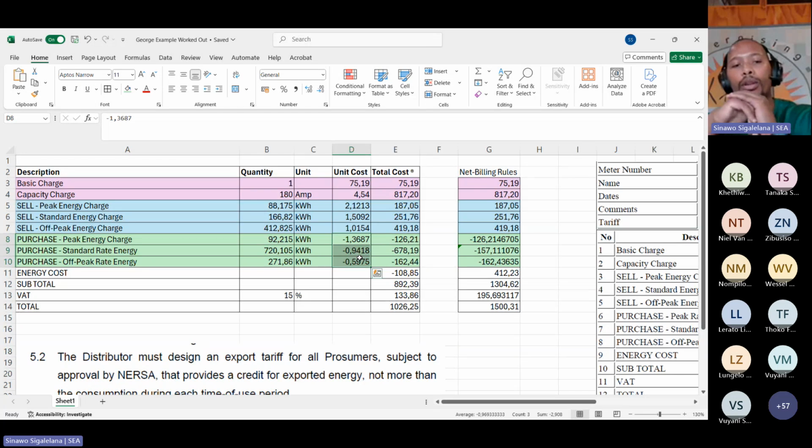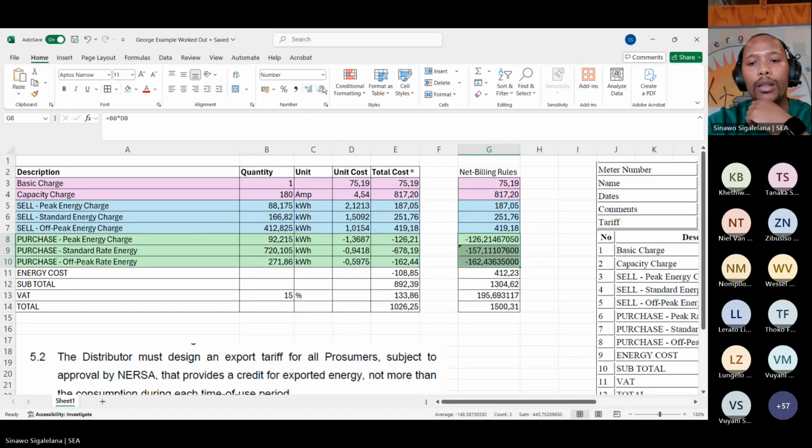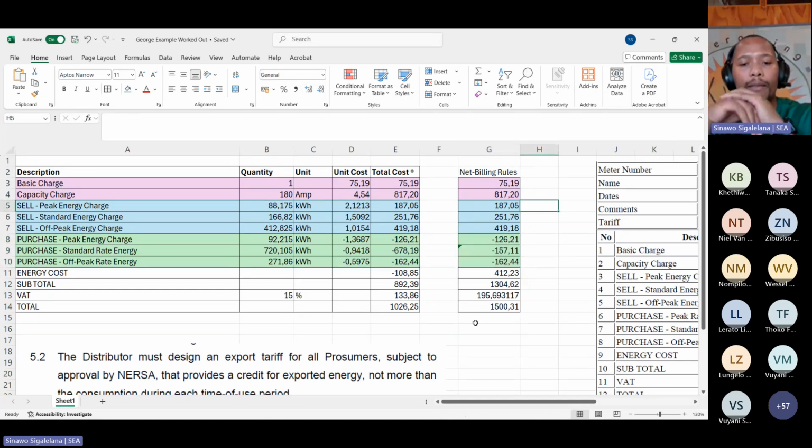But what's most important, colleagues, with this customer is that in my mind, when I first saw it, I was like, wow, this customer actually is in line with what is required by the regulator, right? Because it has all of the elements. And then I said, okay, let me do some calculations. Let me check.